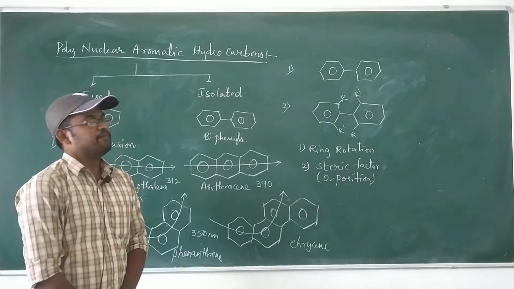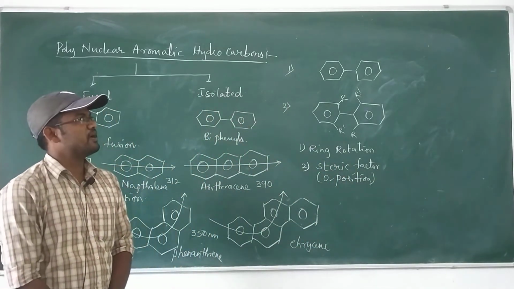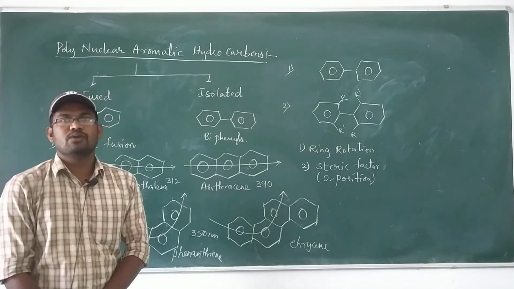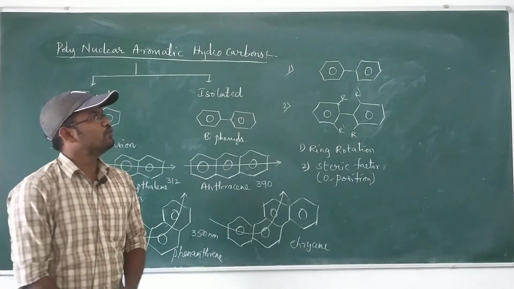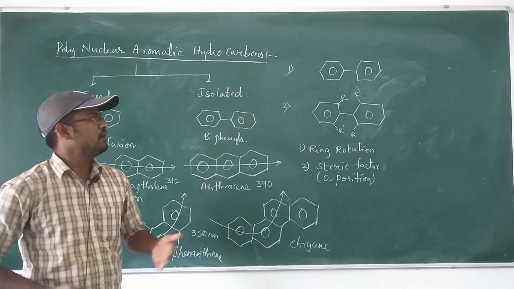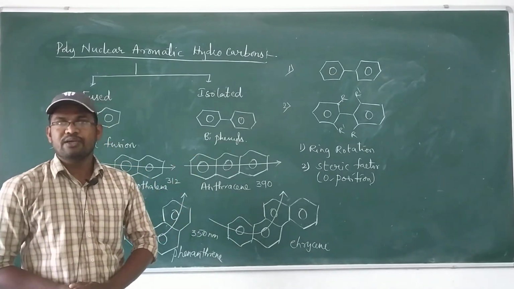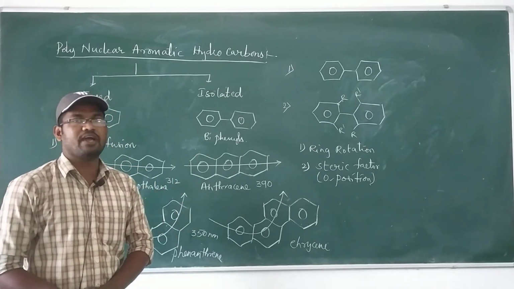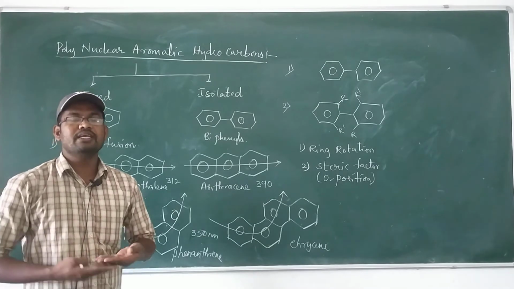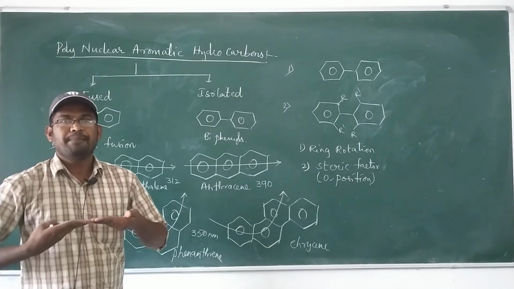In the first example, the simplest biphenyl, the two rings lie in one plane. In the second example, there is ring rotation due to the steric factor at the ortho position, so the two rings look perpendicular to each other.